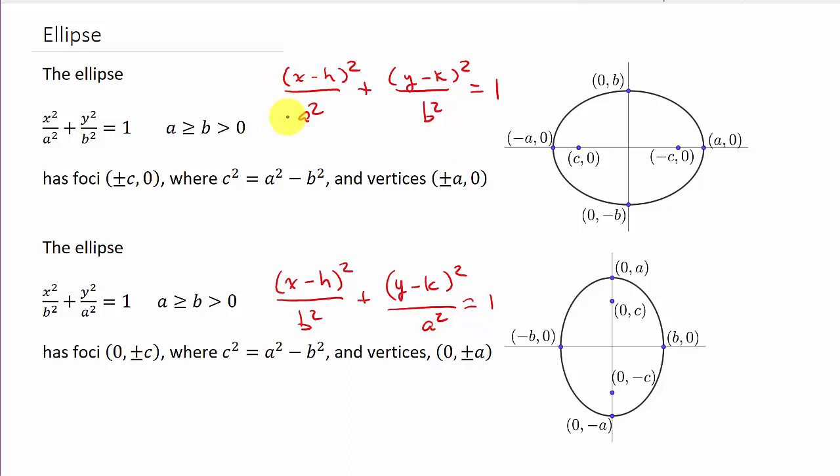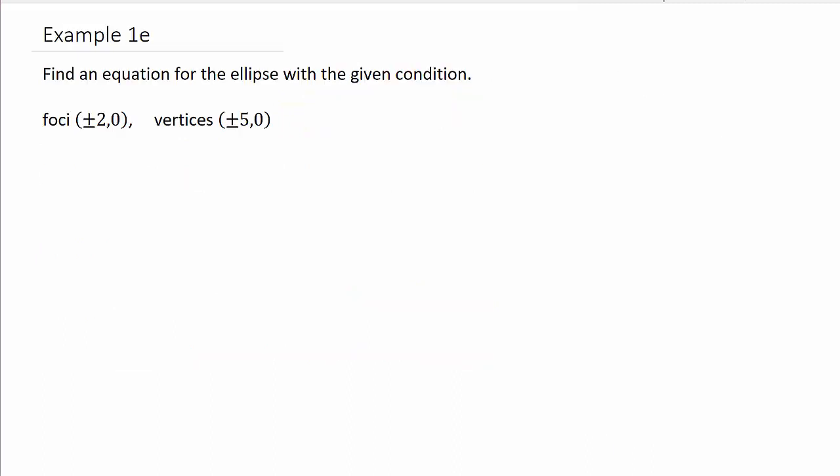All right, so let's look at some examples. Let's take a look at an example. It says find an equation for the ellipse that has foci plus or minus 2, 0, and vertices plus or minus 5, 0.